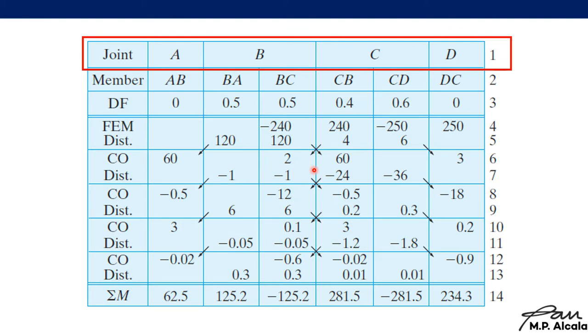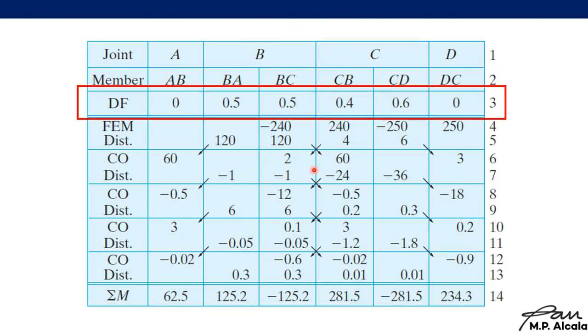Alright? Now, as you have identified already the distribution factors, we can easily input the following. We have AB and DC to be 0 because it is on fixed supports. Alright? And then for BA and BC, 0.5, 0.5, and then CB and CD, 0.4 and 0.6. What is our sum supposed to be?